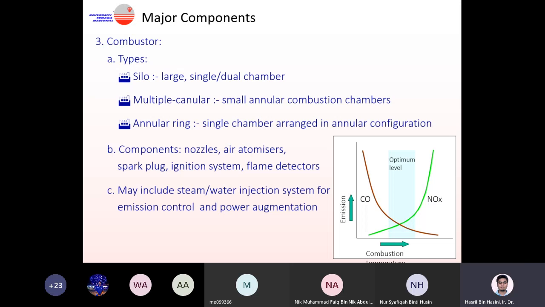For example, you are doing combustion and suddenly you find the temperature goes very, very high, 2500 as an example. Somehow we need to lower that temperature, maybe to prevent the formation of NOx, so we need to cool down the flame temperature. This is done by injection of water or steam into your system.